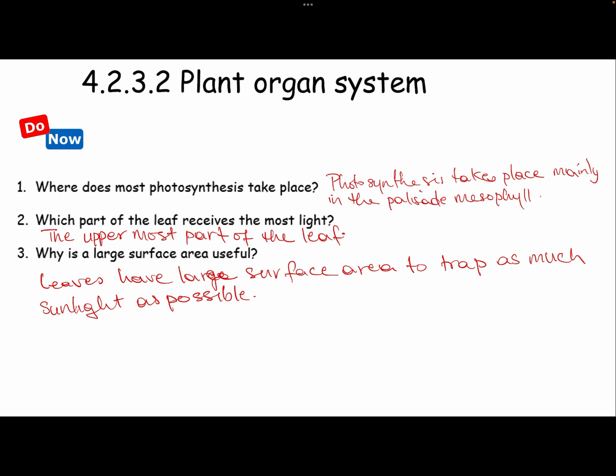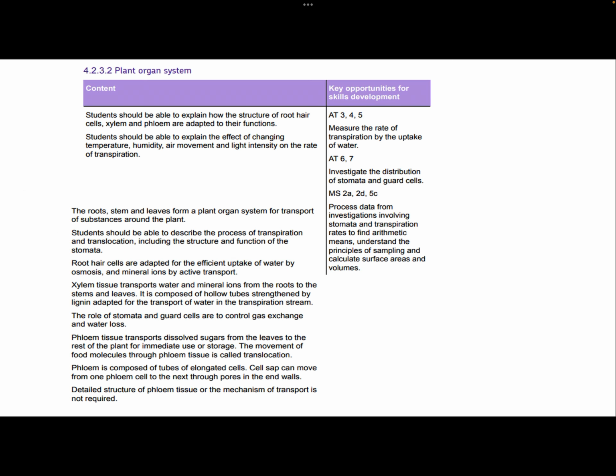So the larger the surface area, the greater the amount of sunlight that the leaf can capture.